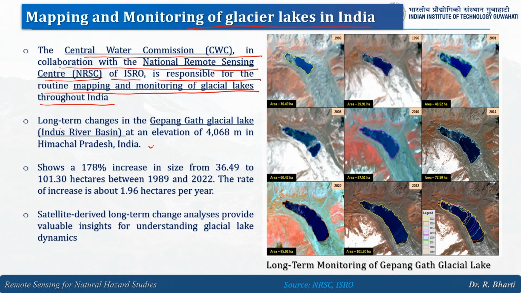So, you can see the different glacial lakes have been continuously monitored, and the satellite-derived long-term change analysis provides valuable insight for understanding glacial lake dynamics and their potential to burst. So, here you can see 1989, 1996, 2001 and how it is changing with time.